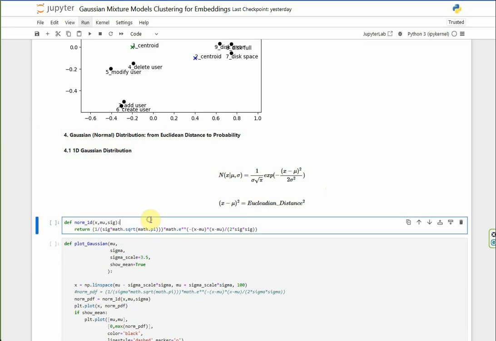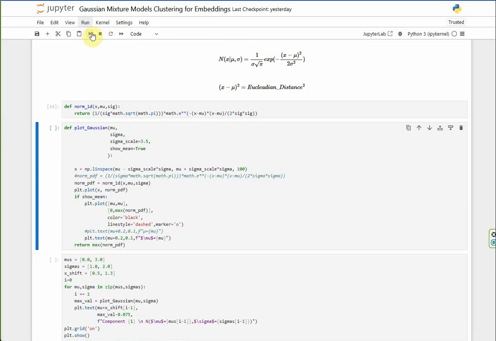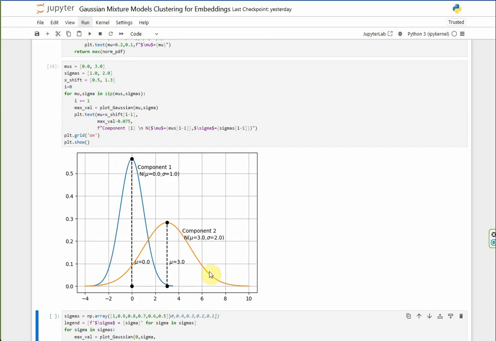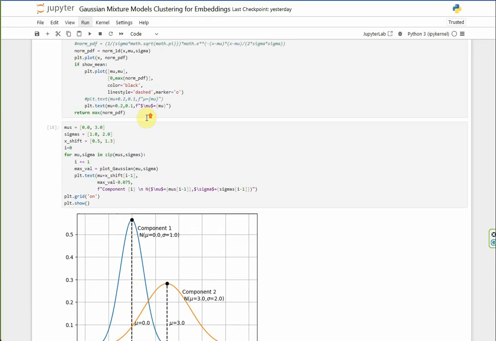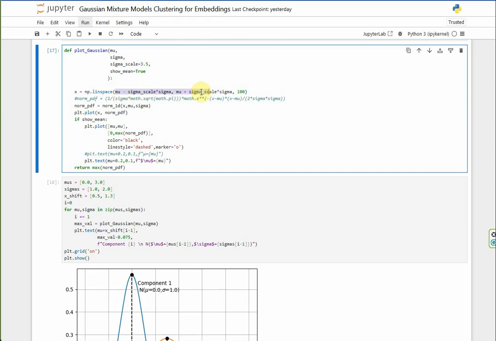So let's plot the probability of the one-dimensional normal distribution. Here I provide 2 examples, and the key feature is that we draw our graphs on the basis of intervals starting from mu for each distribution minus the standard deviation value, which is our sigma. We scale by 3.5.